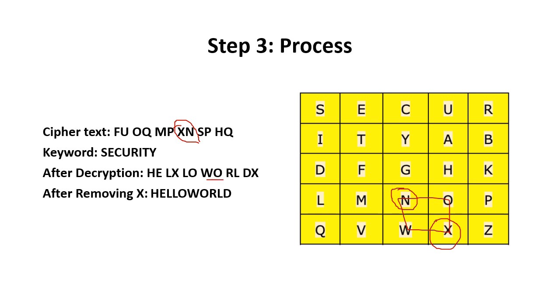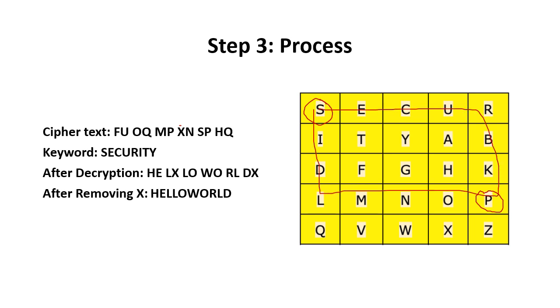Now we are moving to the next pair, that is S and P, right? So here S is here and P is here, right? Here also both the letters appear in different rows and columns.